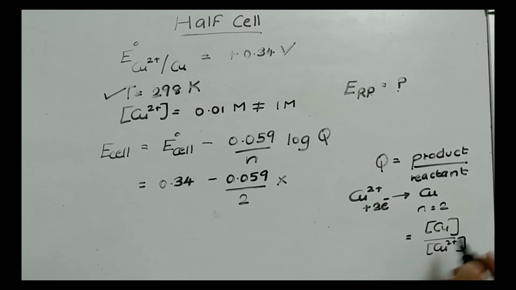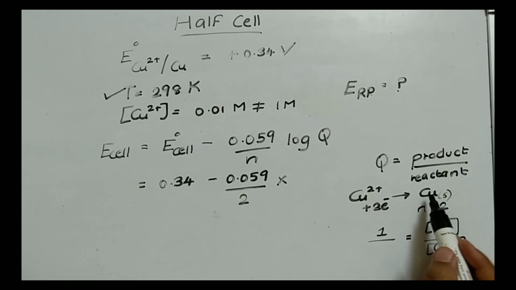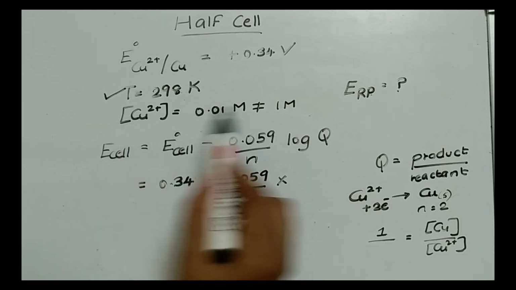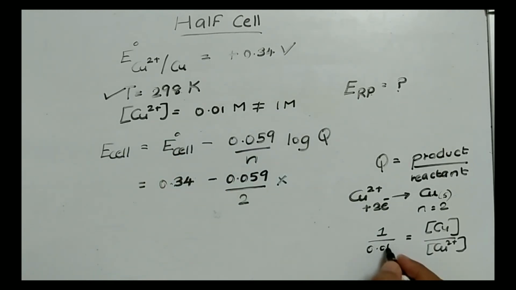Now Cu is solid, the rod is solid, so the concentration of a solid we always take as 1. Nothing is written, so it is solid, and we always take it as 1. And 2+ means it is in aqueous form, and its concentration is already given to you as 0.01.